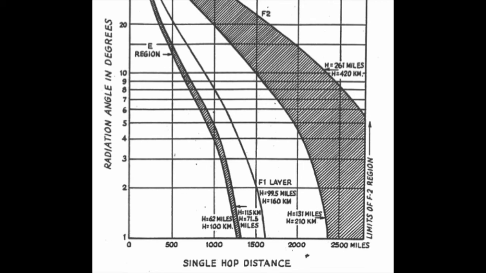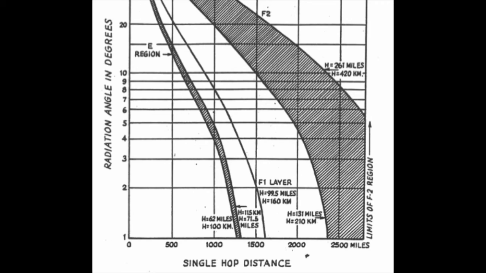And if you come over far enough and then come down, you can read the single hop E layer distance, which in this case, where the arrow says E region, if you come over there and come straight down, you see that you're looking at maybe 500, 600 miles for a wave angle of 10 degrees.